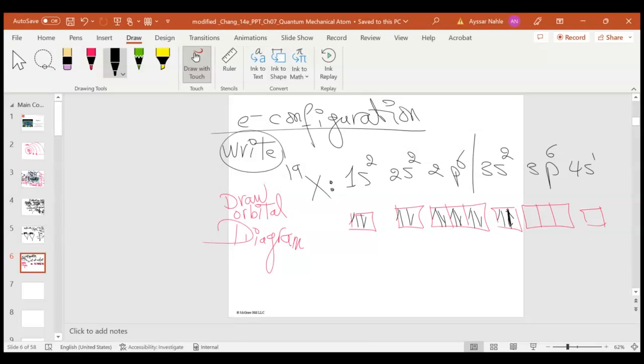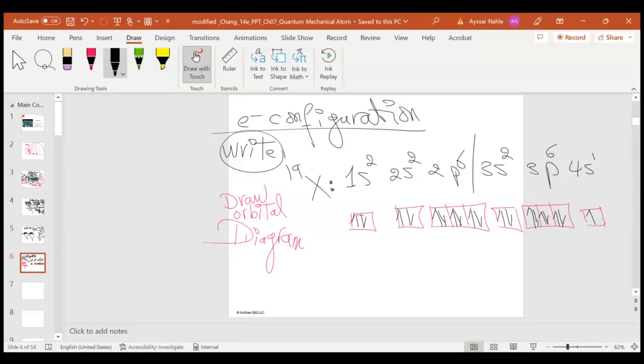The opposite, yes? 1, 2, 3, 4, 5, and 6. 1. Yeah? When you see 2 people in one room, that means we say it's a paired number of people. In here, paired number of electrons.